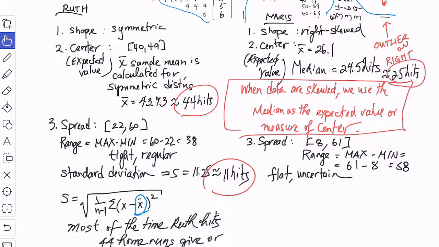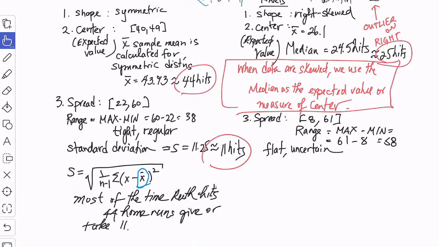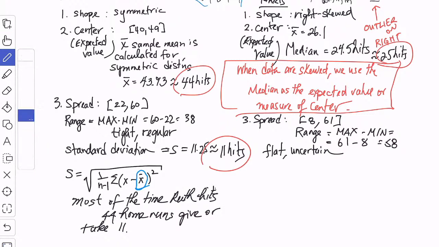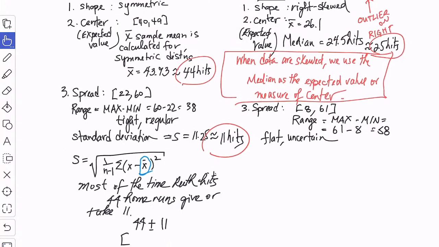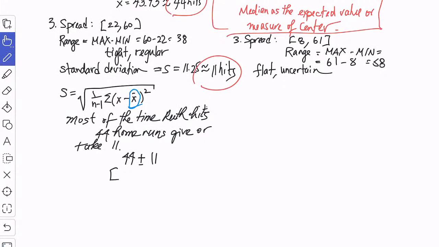Mathematically, what I mean is 44 plus or minus 11. Or a range, most of the time, he gets between 33 and 55.